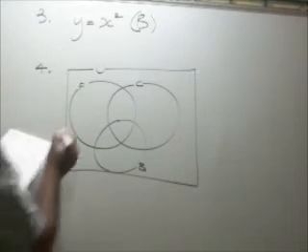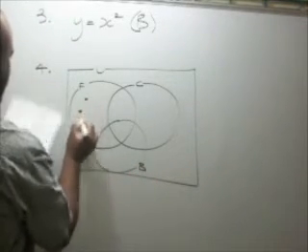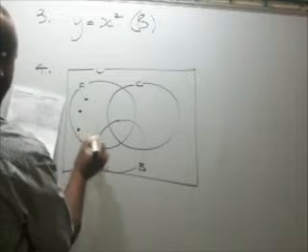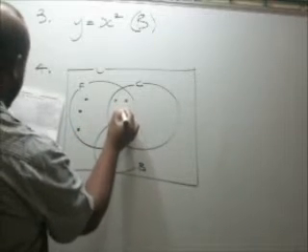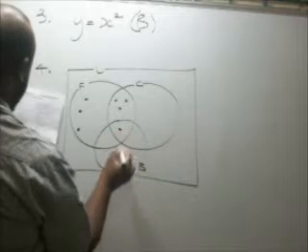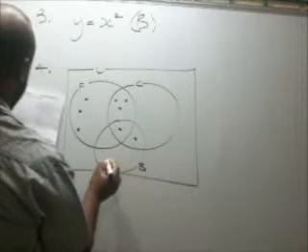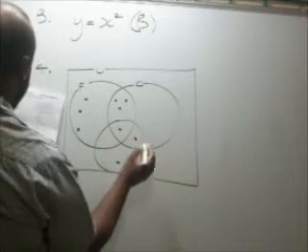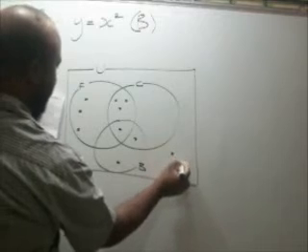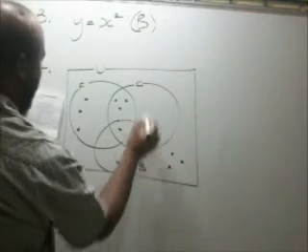Each dot represents a person. 1, 2, 3 over here, 1, 2, 3 here, 1 here, 1 here, 1 here, 3 outside here, and 3 over here.